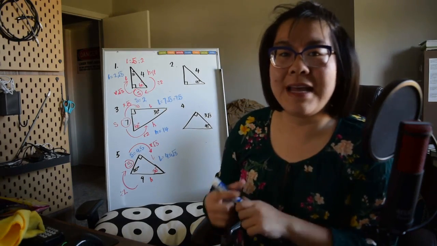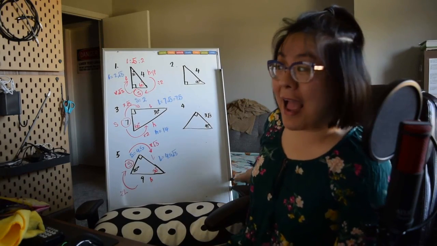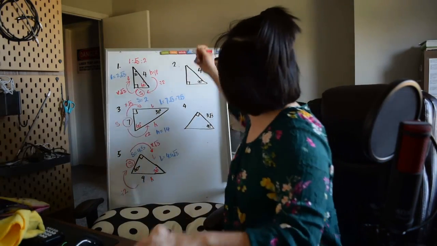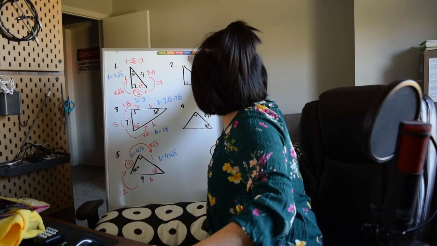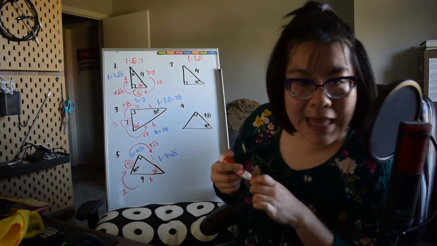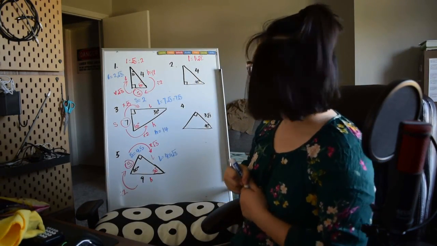Now let's look at the 45, 45, 90 degree triangle. This one is actually easier because the ratio is 1, 1, radical 2. You just need to figure out one leg, then you get the other leg. So, for example, this one.